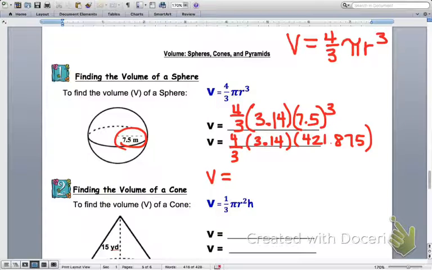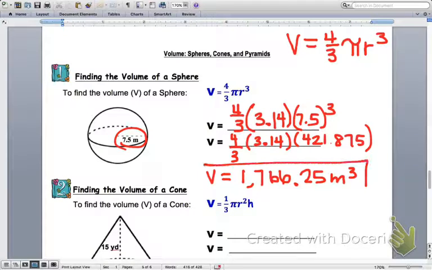To type in 4/3 into your calculator, just divide 4 divided by 3 times 3.14 times 421.875. This should give you about 1,766.25 cubic meters.